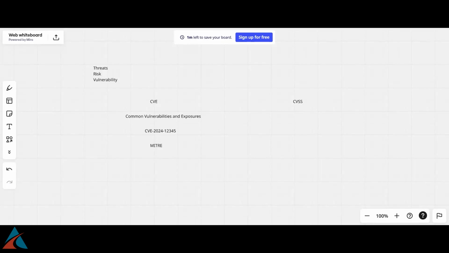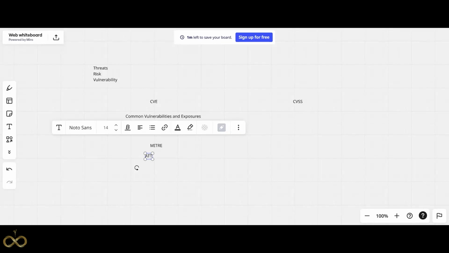It's one of the most famous organizations, and it has one of the most important frameworks, called the ATT&CK framework.